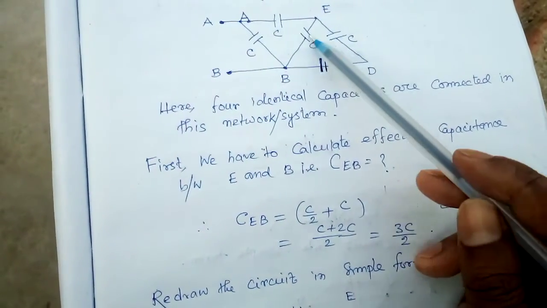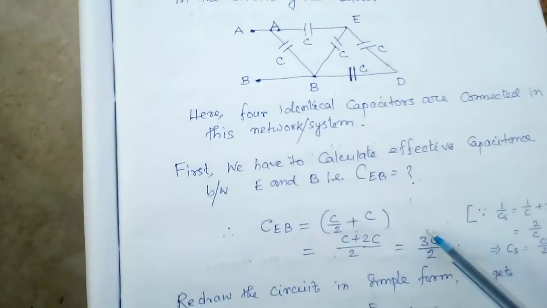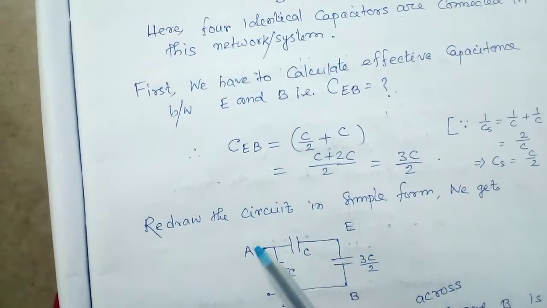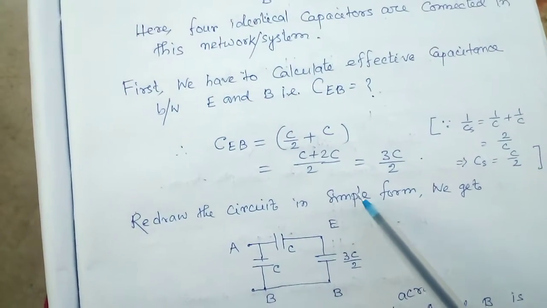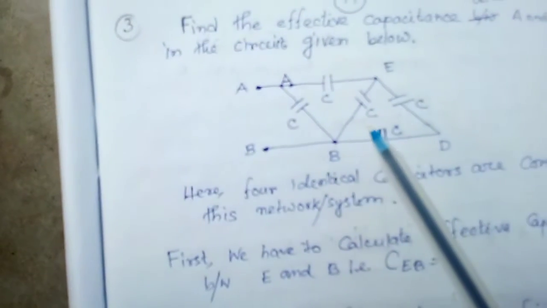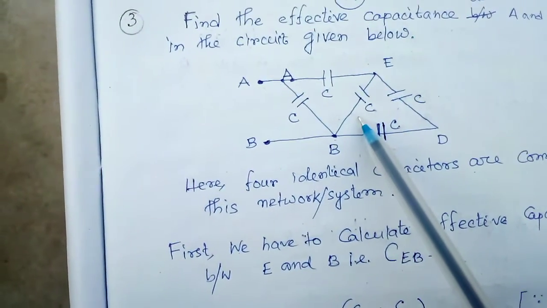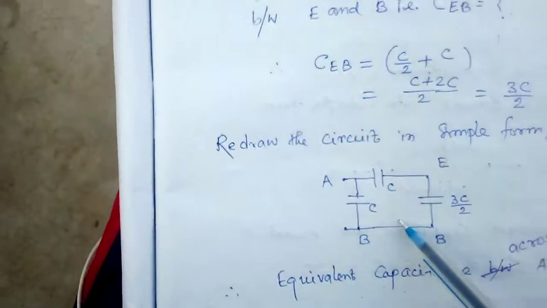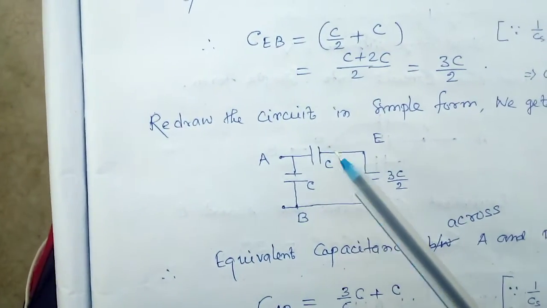Therefore, this gives the effective capacitance 3C by 2. Redraw the circuit in simple form. If we redraw the above circuit, we get the simplified circuit of this type.